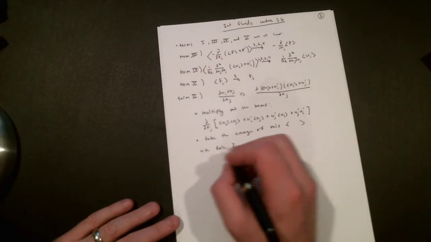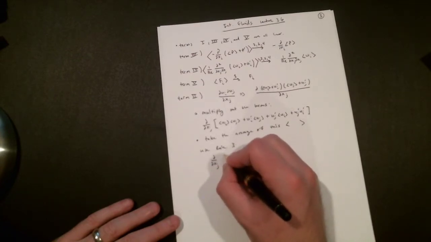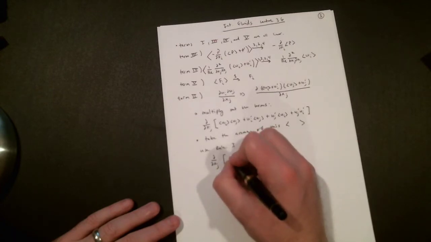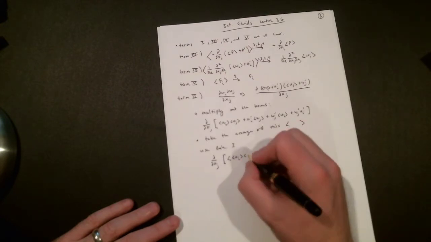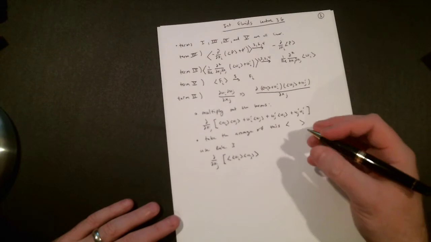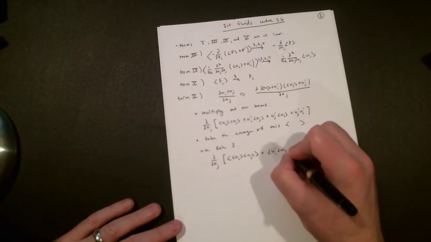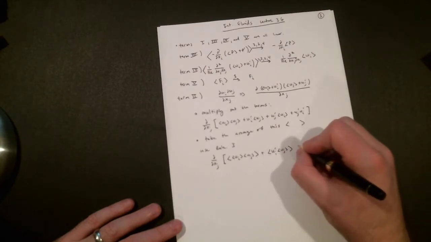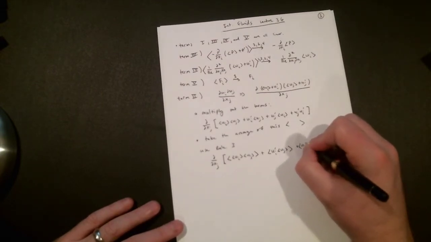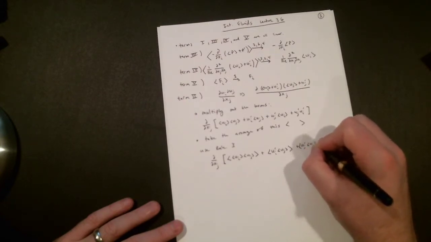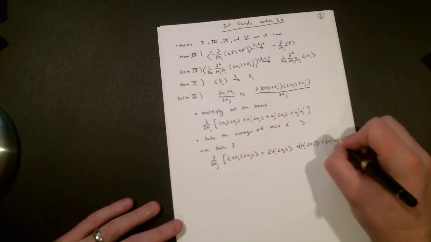And if we do that, we now have, let's just write that out, d/dxj of the ensemble average of ui uj, plus the average of ui prime times the average of uj, plus the average of uj prime times the average of ui, plus the average of ui prime uj prime.